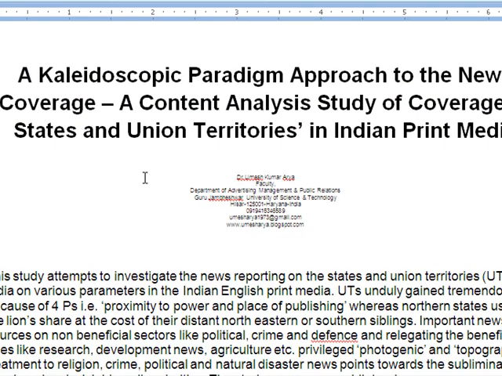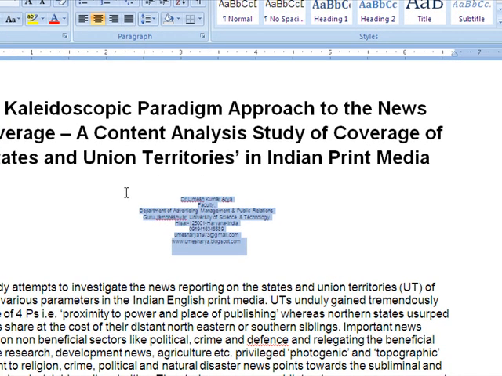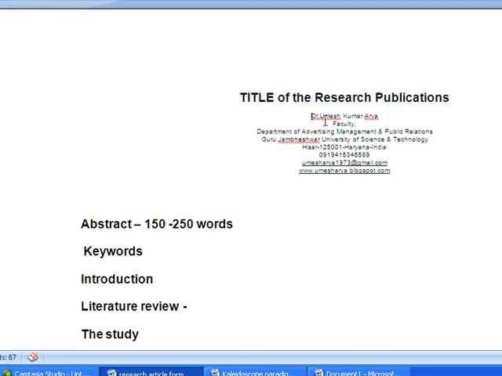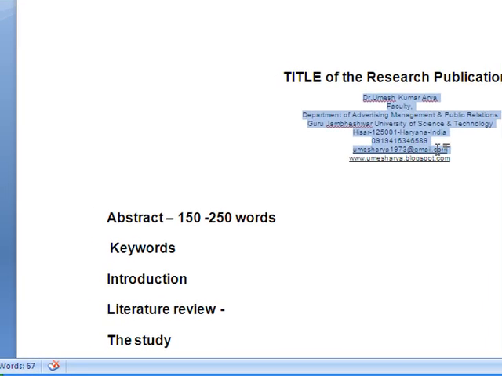Underneath you can include your name and affiliations, but these would be put in a particular place by the research publication, nevertheless you can put them here. So titling is done and your name and affiliation are done.